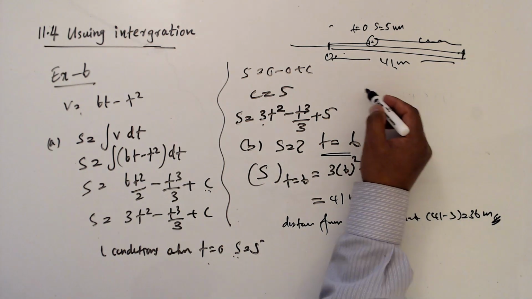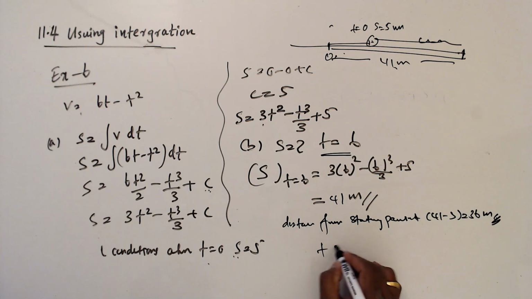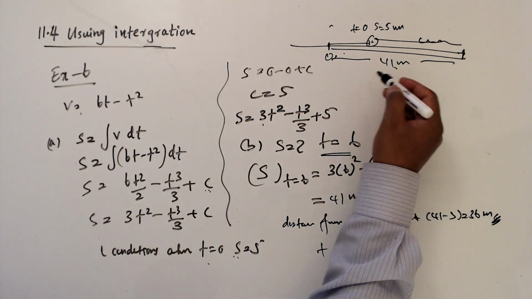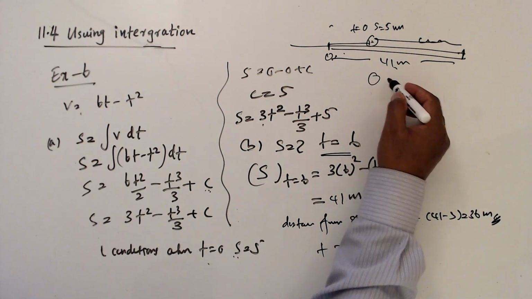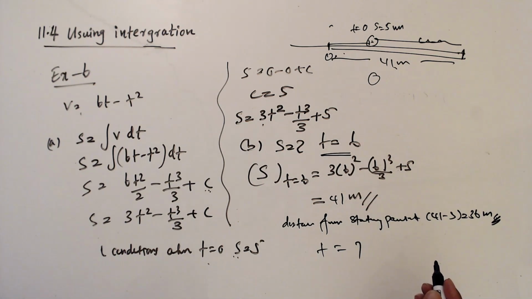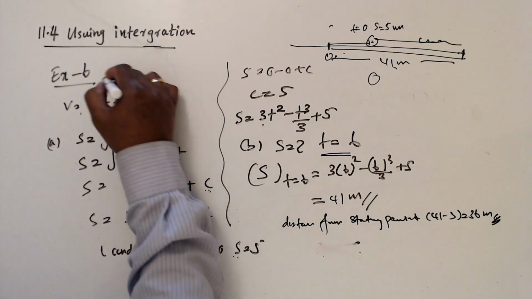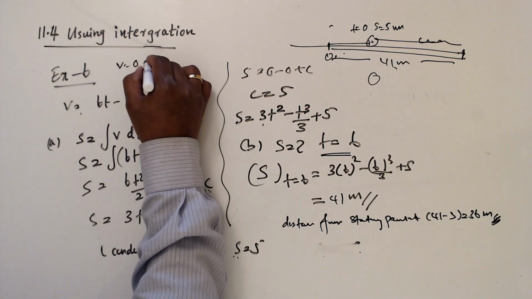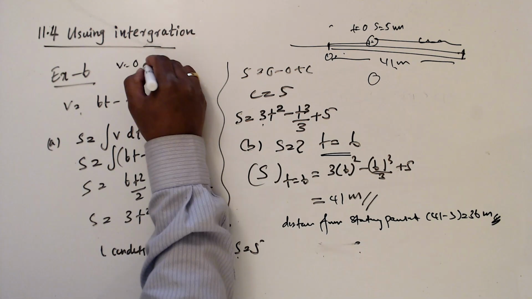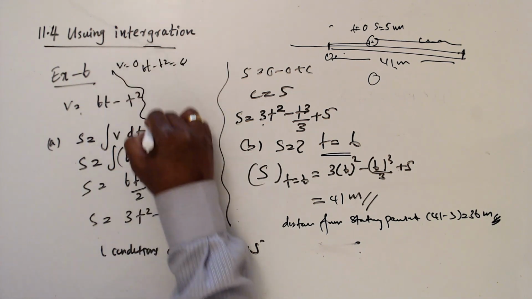For example, assume this particle starts from, okay, let's say t equals 7. If you work out t equals 7, we'll find the time. This is an instantaneous rest. So we can find when v equals 0: 6t minus t square equals 0.